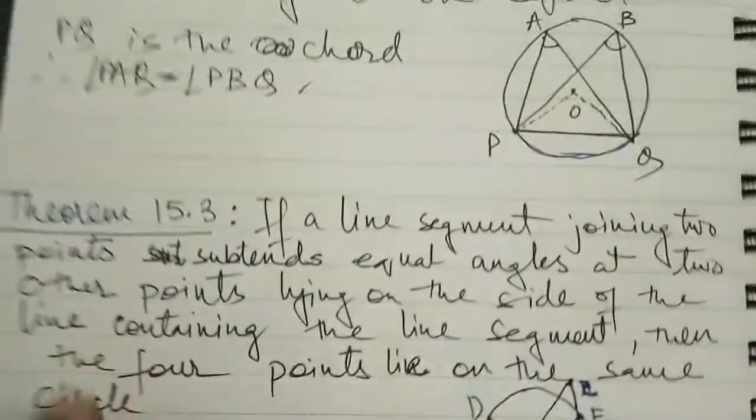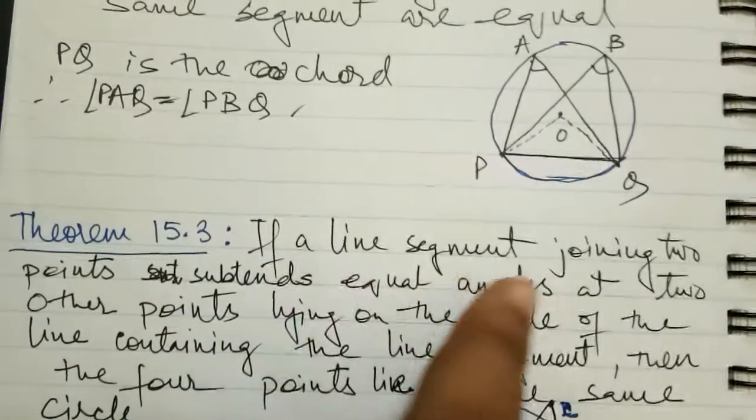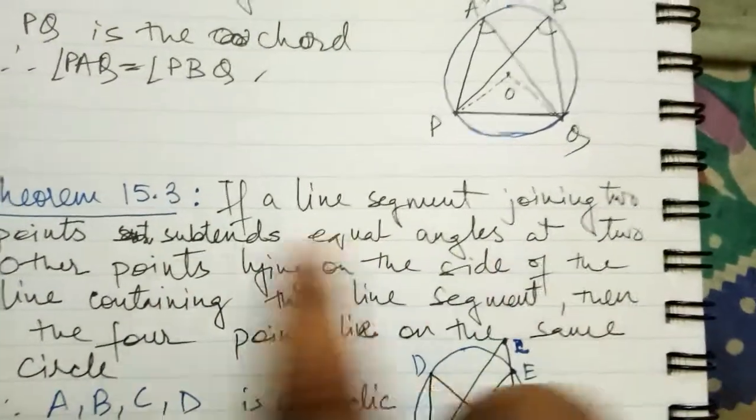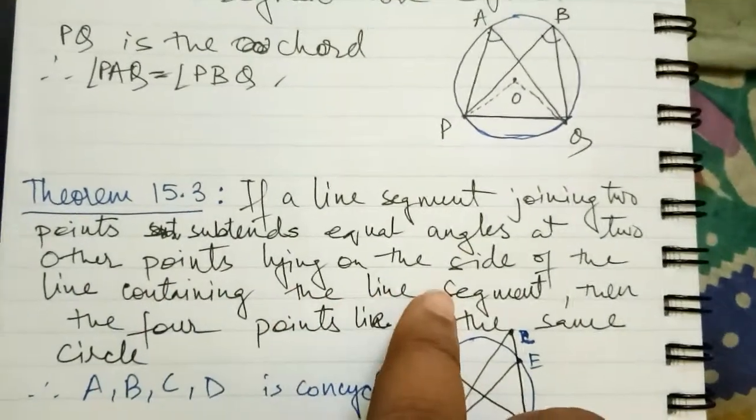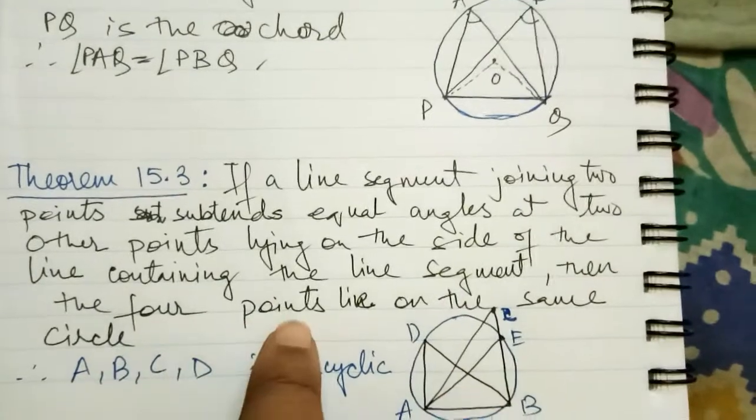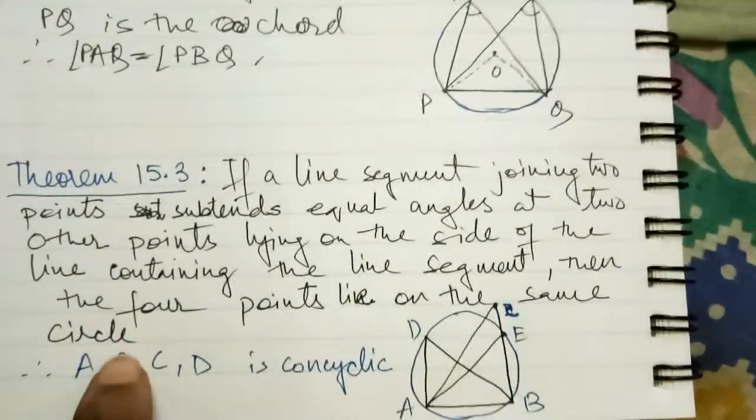Next 15.3, this is not so important, but just go through it once. If a line segment joining two points subtends equal angles at two other points lying on the same side of the line containing the line segment, then the four points lie on the same circle.